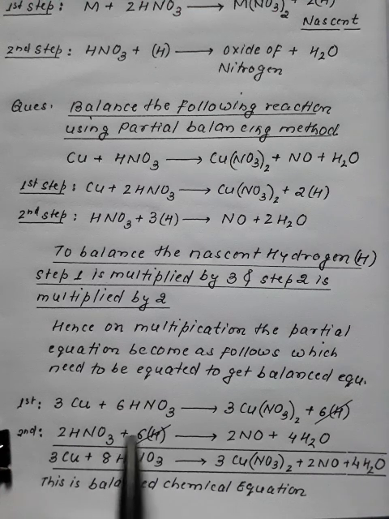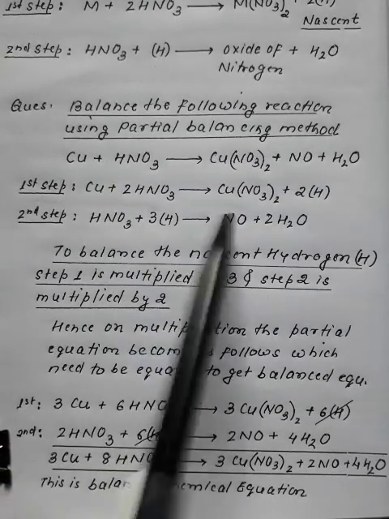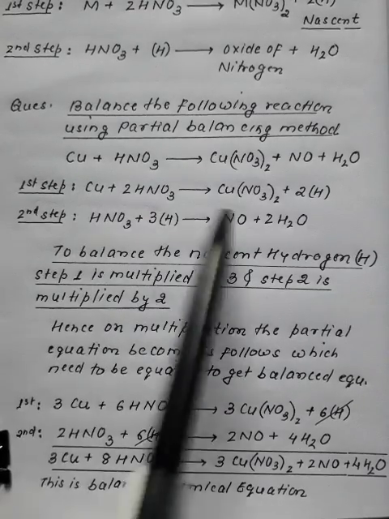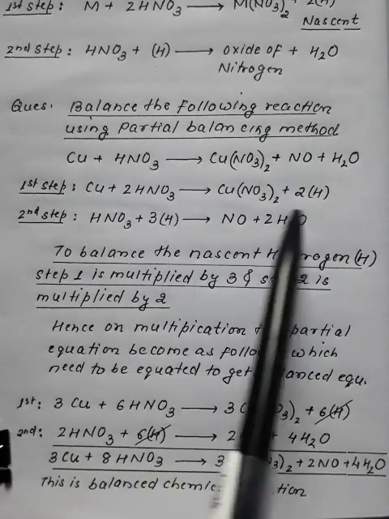Since the first step has been multiplied by 3, Cu plus 2HNO3 giving CuNO3 becomes 3Cu. The entire equation has been multiplied by 3.